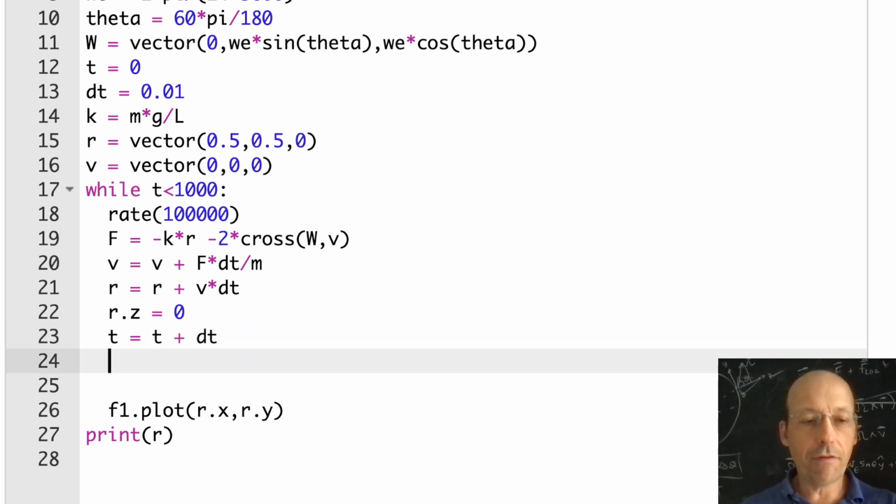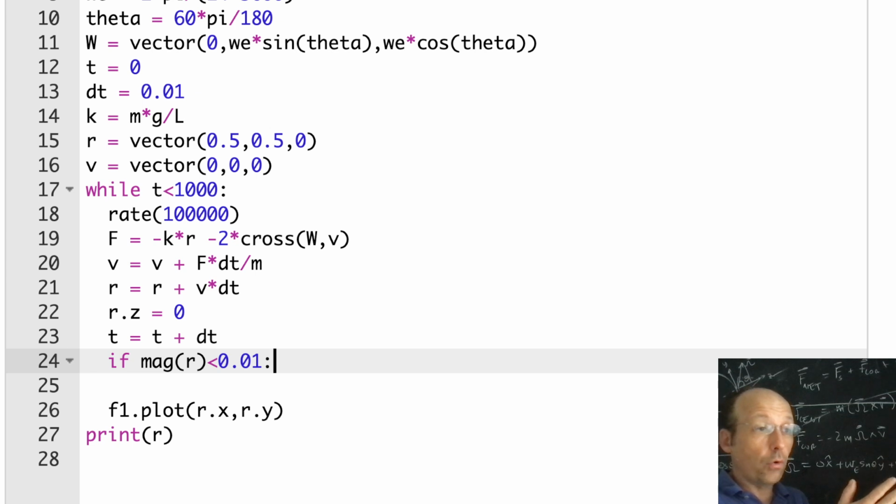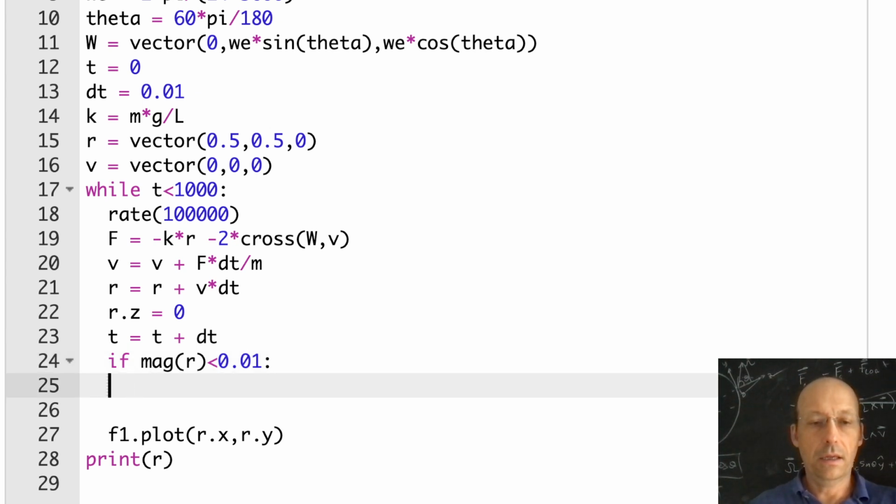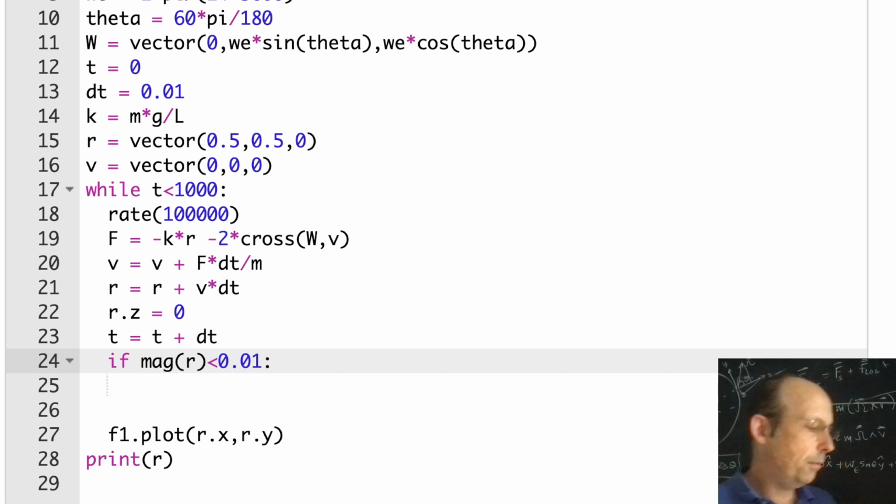But to make that graph, I'm going to say if the magnitude of r is less than 0.01, right? So only when it's really close to the origin, because it has a 5 centimeter thing. So it's only when it's less than a centimeter, then we can plot that. And what I want to plot is just, let's say, is that what I did before?